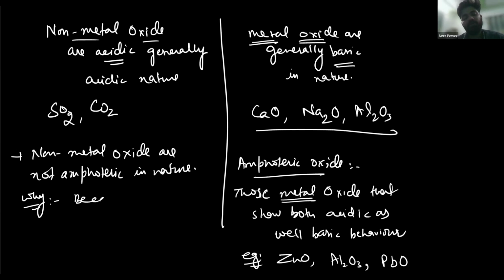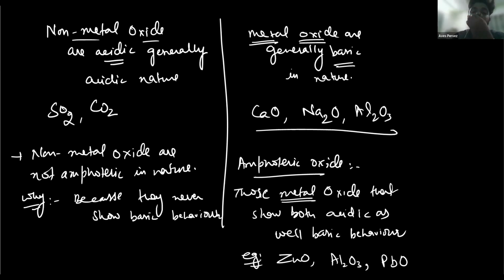Because they never show basic behavior. Sorry, they may show neutral behavior. The non-metal oxide may be neutral, but never shows basic behavior. They are acidic or they can be neutral, but never show basic behavior. You understood? Yes, sir. Okay.